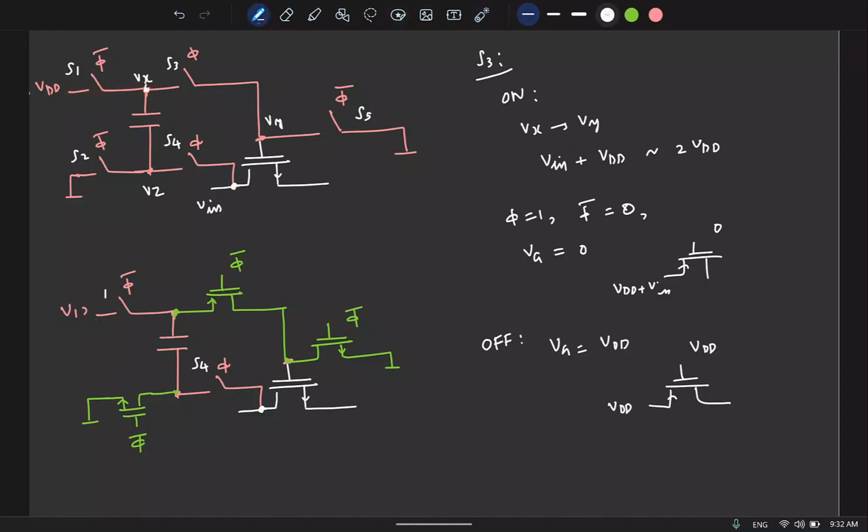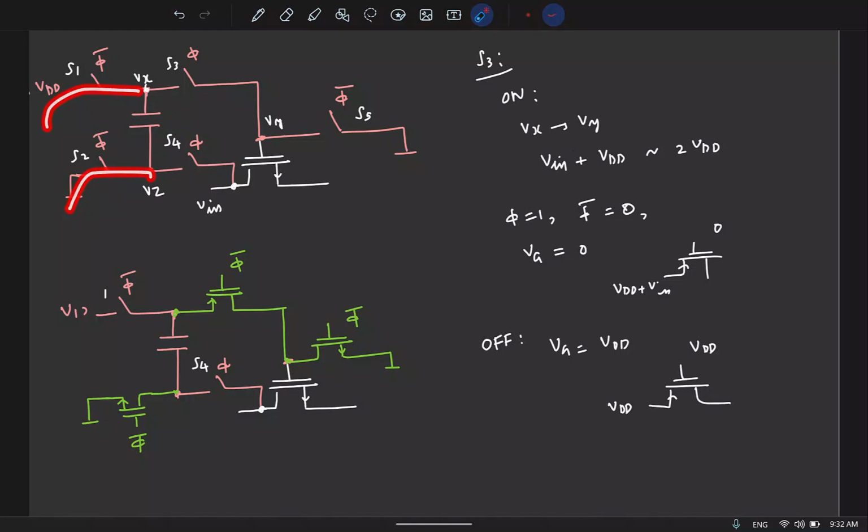Okay. And this potential, where is it? Yeah. So this is actually, did I do it wrong? But the dynamics will be very different. Right? What dynamics? Vx will take time. First S1 will close, it will take time to get to VDD. Well, these two switches are active at the same time, right?